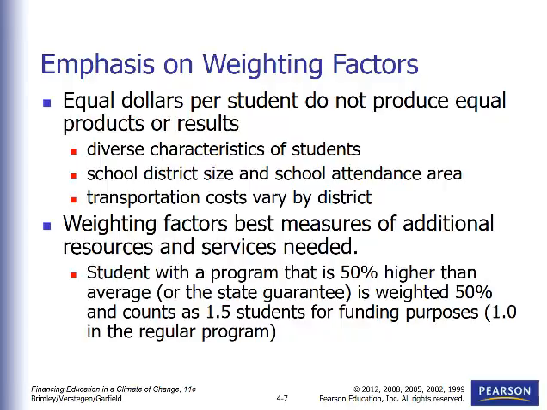If we want to add a program, for example, a special ed program, we know it's going to cost the district more because we have to hire special ed teachers, and they typically get in Oklahoma 5% pay over the minimum, hazard pay of 5%.